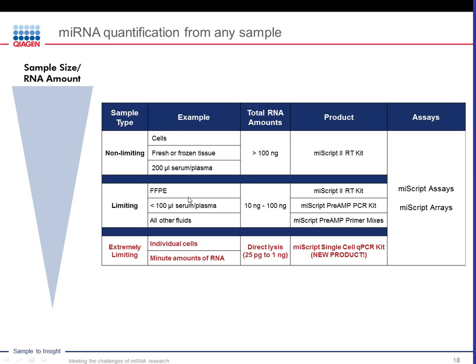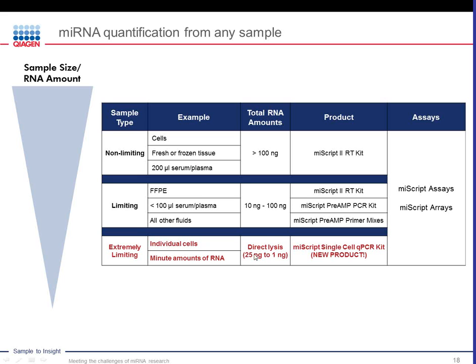So limiting samples, these would be your FFPE samples, less than 100 microliters of serum or plasma, or all other fluids. For this, you would combine reverse transcription with one of our preamplification kits ahead of your either assays or arrays. And last, this is a new product we recently released. This would be your extremely limiting samples, your individual cells or minute amounts of RNA.